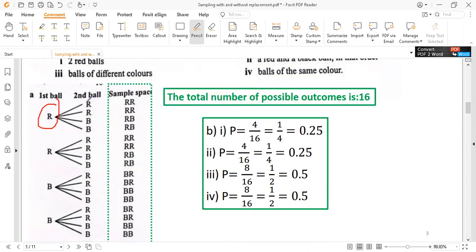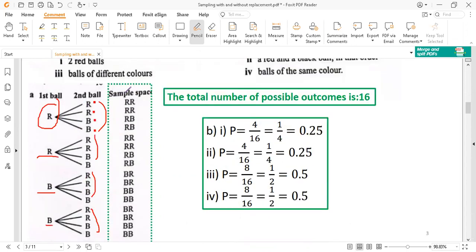So the second ball could be red or black. Similarly to the others, each ball obtained in the first stage should be replaced.